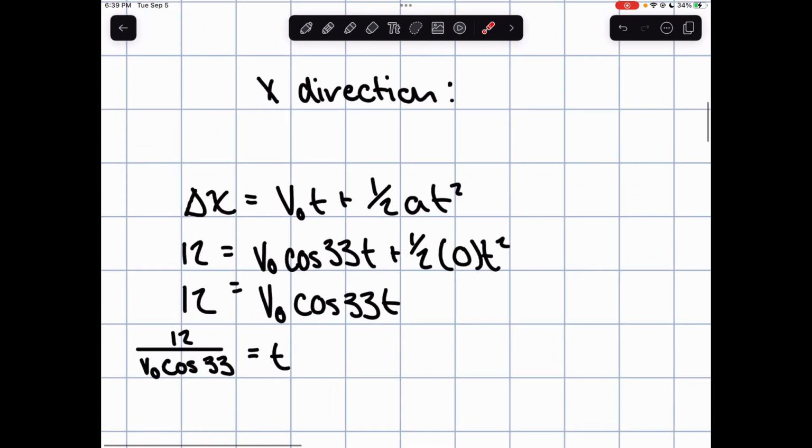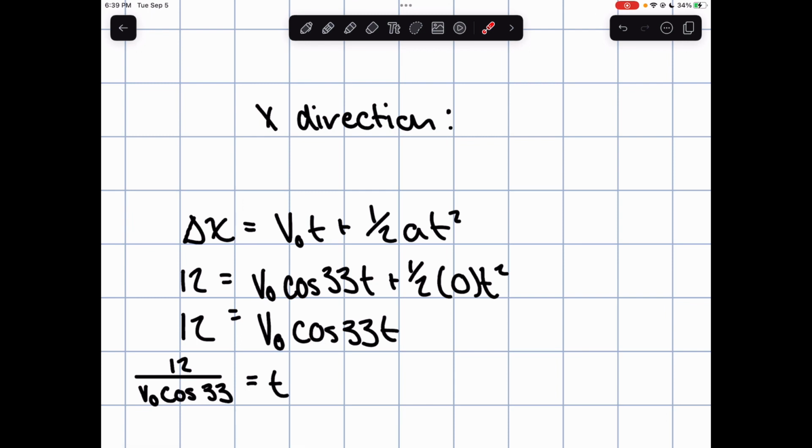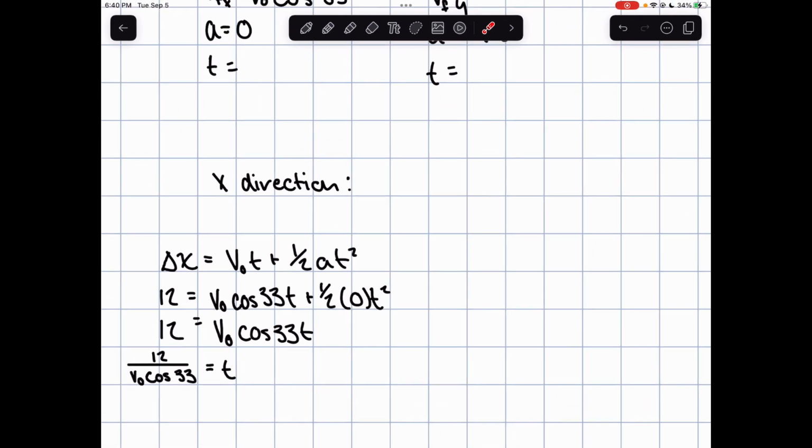So we're going to start by plugging that into the kinematic equation: change in position equals initial velocity multiplied by time plus 1/2 acceleration multiplied by time squared. So we know the change in position is 12. We can fill in the initial velocity with V naught cosine 33 times time plus 1/2 of 0 multiplied by time squared because the acceleration is 0.